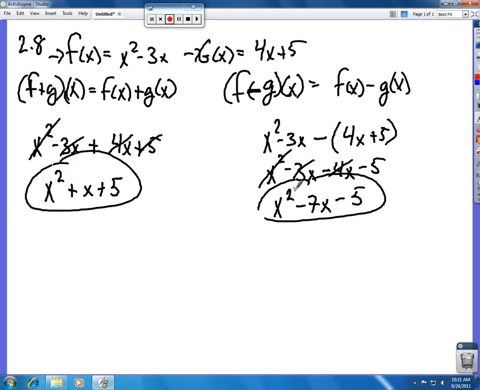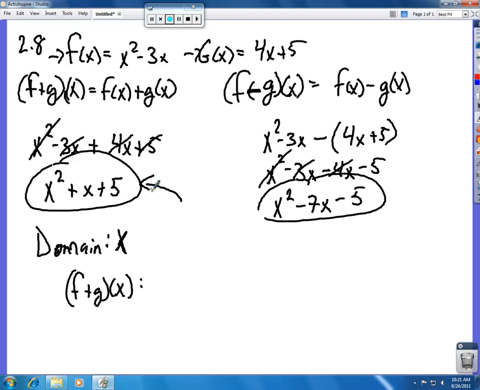What would happen if I asked you what the domain was of each one of these? So remember the domain. My pen's not working. Domain. This is referring to your x values. What x values can you plug into each one of these? Well, for the f plus g of x, the domain of this, we need to look at this here and decide what x values can we plug in here and what ones maybe can we not.